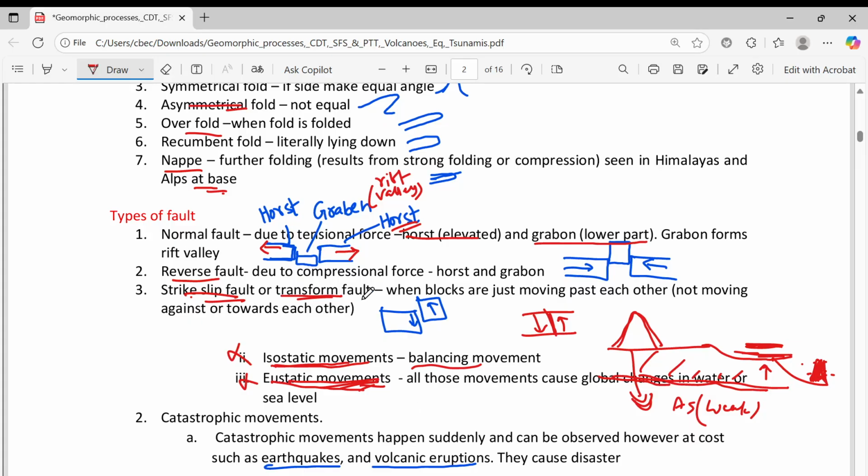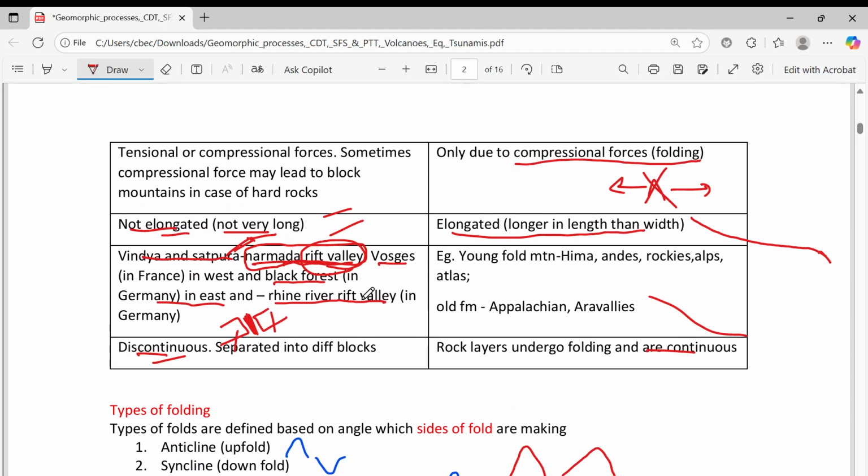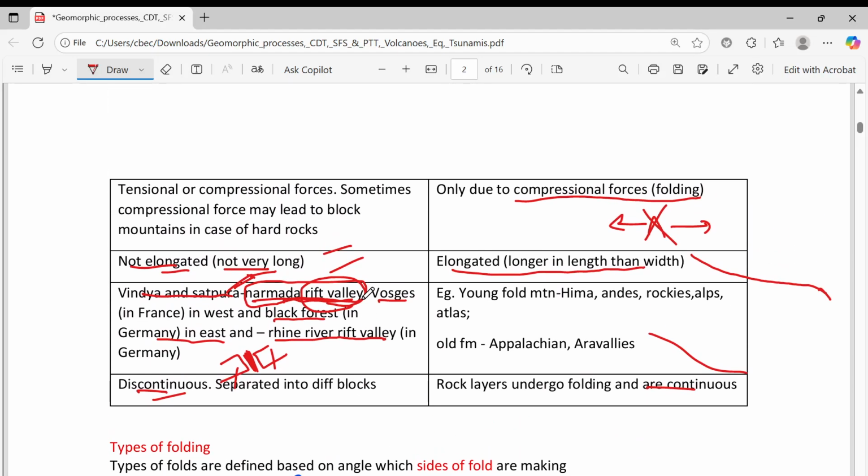For block mountains, you remember the examples: Vindhya and Satpura in India, and then Vosges and Black Forest in Europe. Then fold mountains.